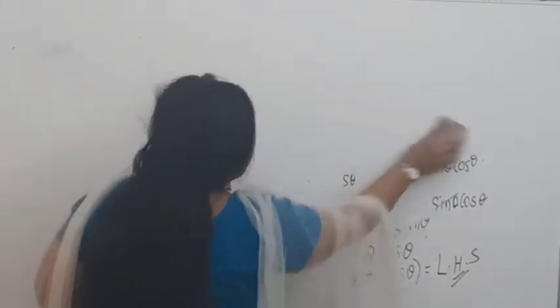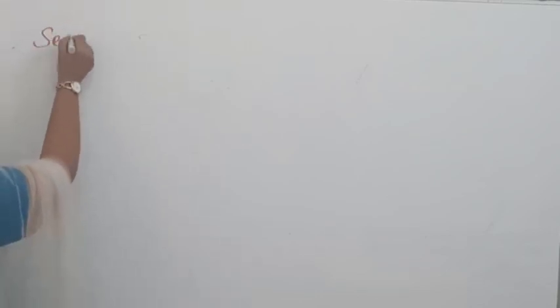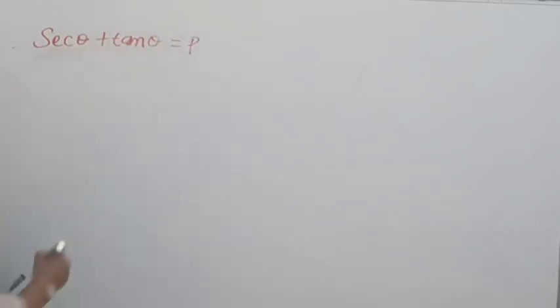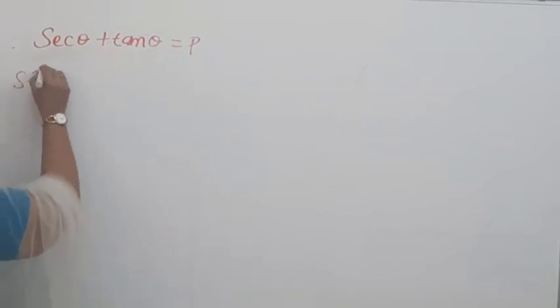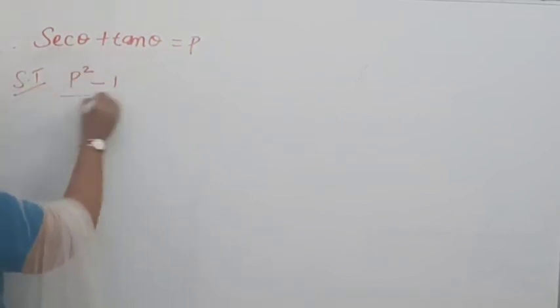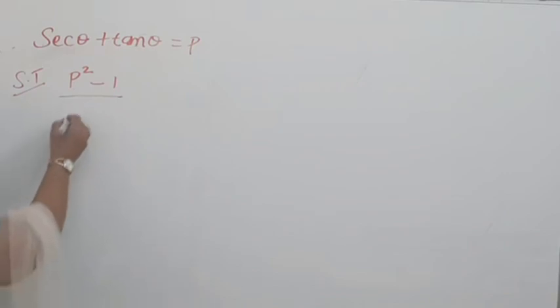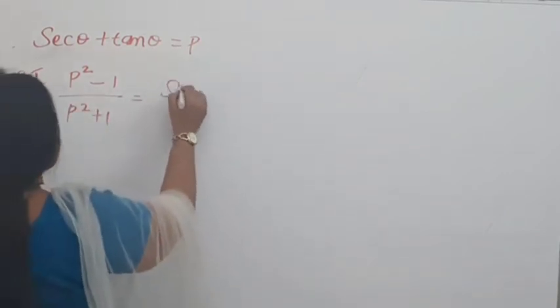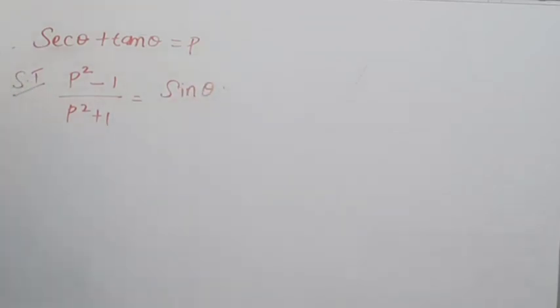The question is, if sec theta plus tan theta is equal to P, then show that P square minus 1, whole thing divided by P square plus 1, is equal to sin theta. So you have to prove this one.